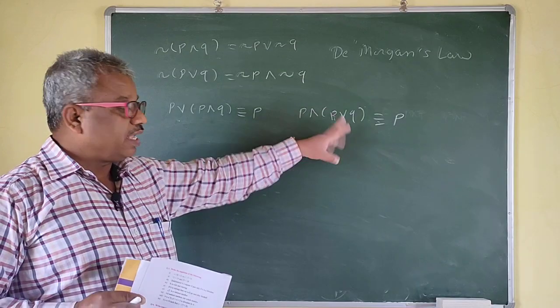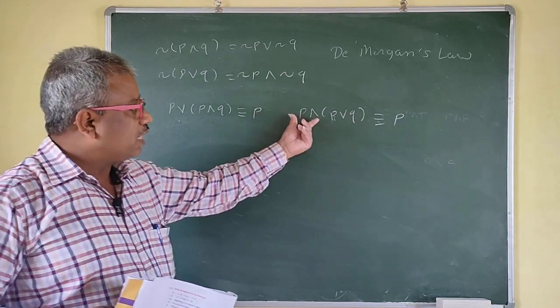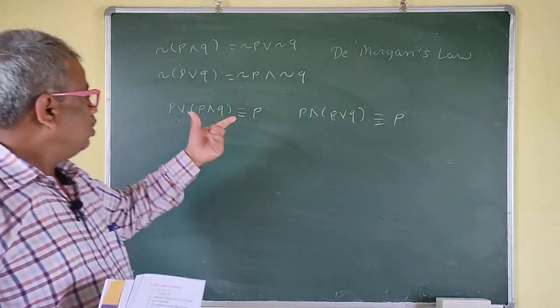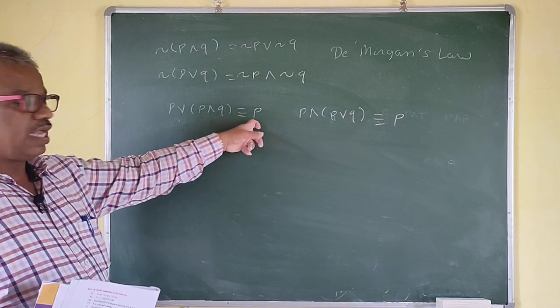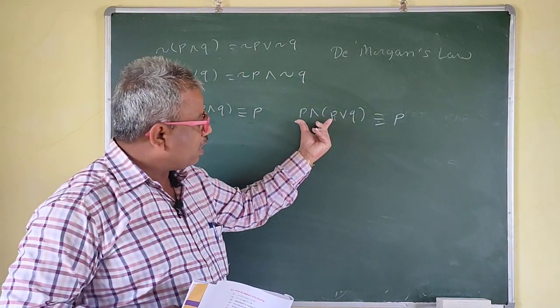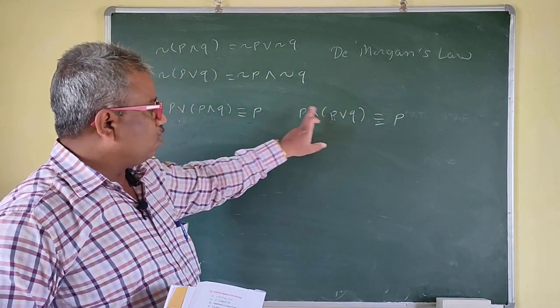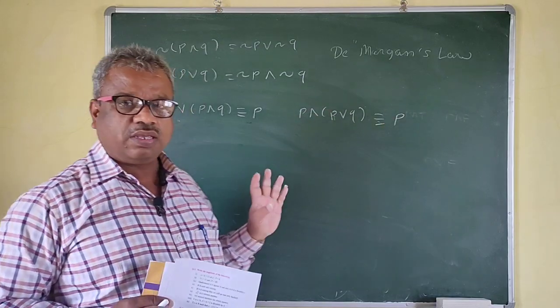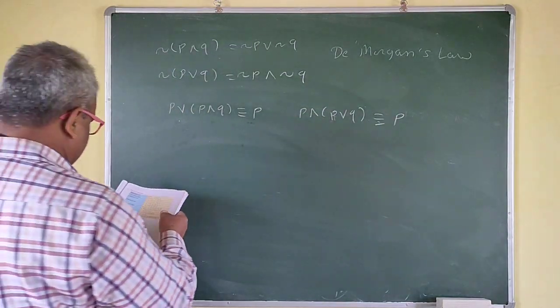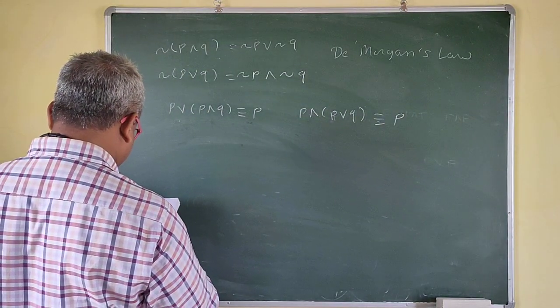If two are equal, then this will be P now. So here also, if two are equal, which two are equal, that will be your answer, right? If you write here Q and (P or Q), then it will be Q, right? So remember this. This is called absorption law.